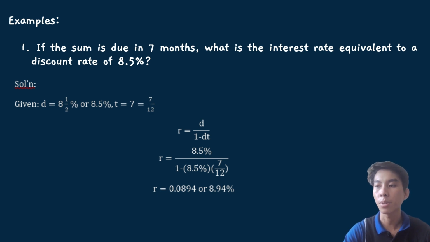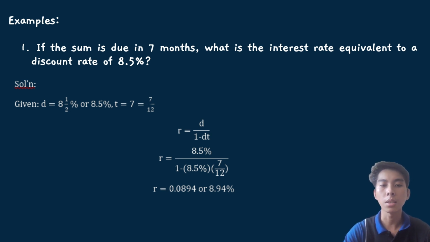So we just simply use the formula for interest rate, R is equal to D over 1 minus DT, to find the interest rate equivalent to a discount rate of 8.5%. We simply substitute the given values to the formula.